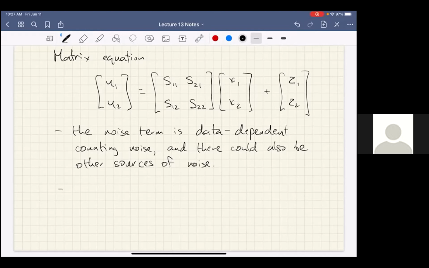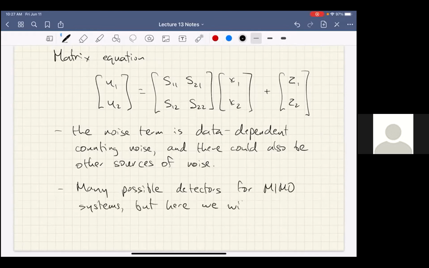There are many possible detectors for MIMO systems. But here, we will focus on zero forcing. And basically what happens there is the following.